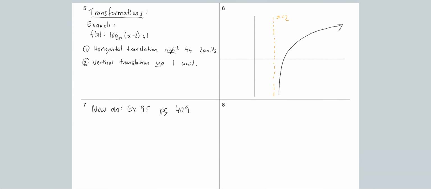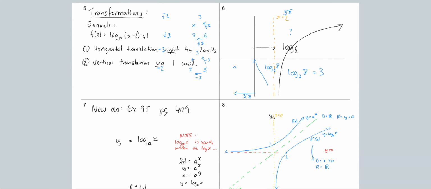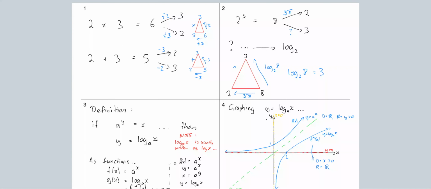And if we use a combination of these two ideas, we can see that this point here is going to be, oh, hang on, I'll go back to this. As you can see, if the vertical asymptote is at 0, this point here is 1 unit across.